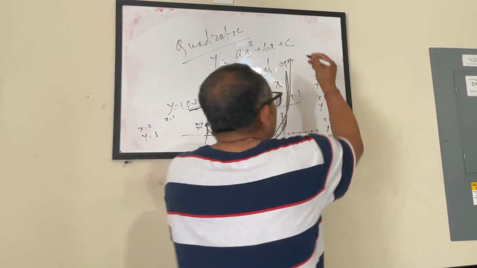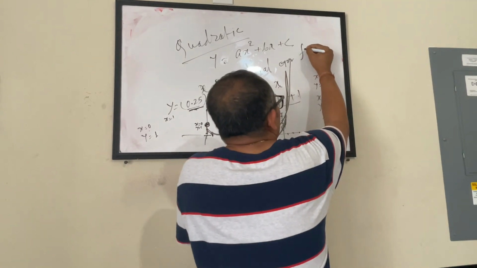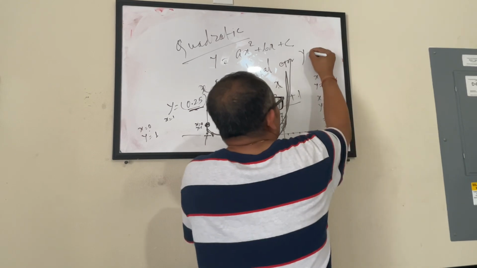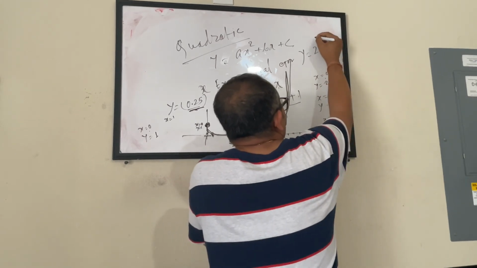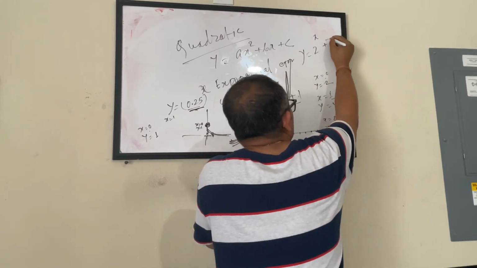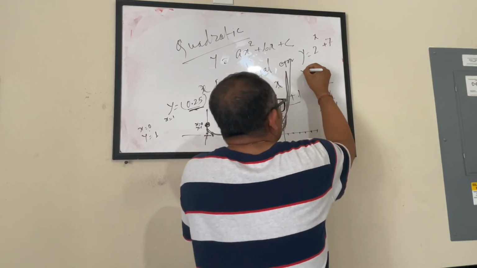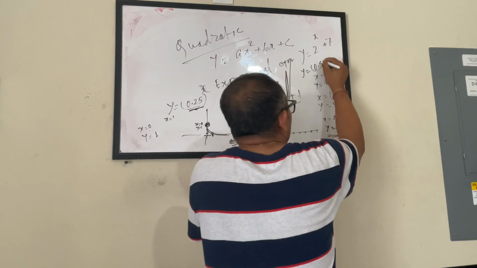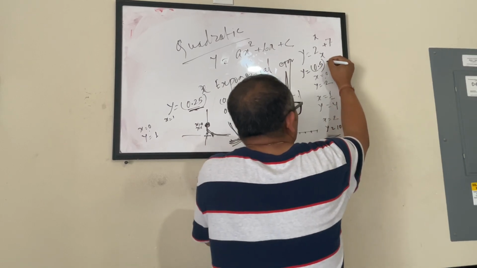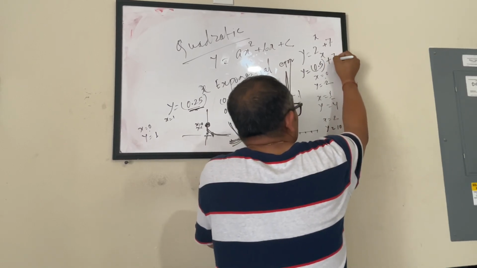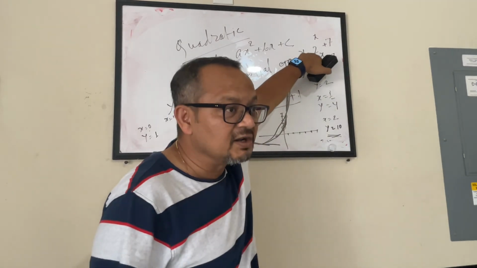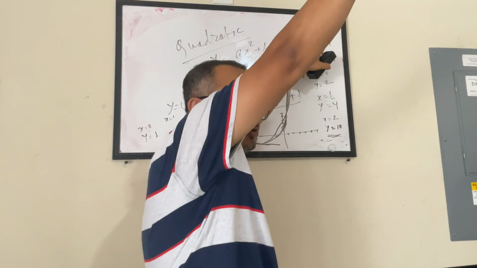So as soon as somebody says function of x or y equals 2 to the power x plus 7, versus somebody says y equals 0.5 to the power x plus 7, the difference between these two is, here the base is greater than 1, so it will be an increasing slope.